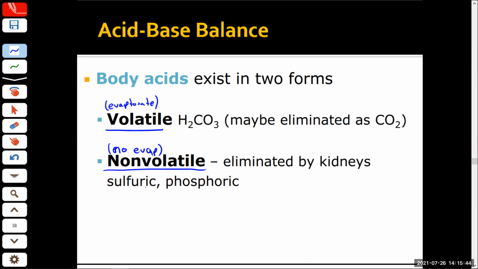Therefore, your volatile acids are handled by your lungs in the form of CO2. You want to breathe them out. Non-volatile, you can't evaporate these. So what's the other? Yep, we're going to pee it out. We're going to elaborate on this here, so don't put too much weight behind this one yet.